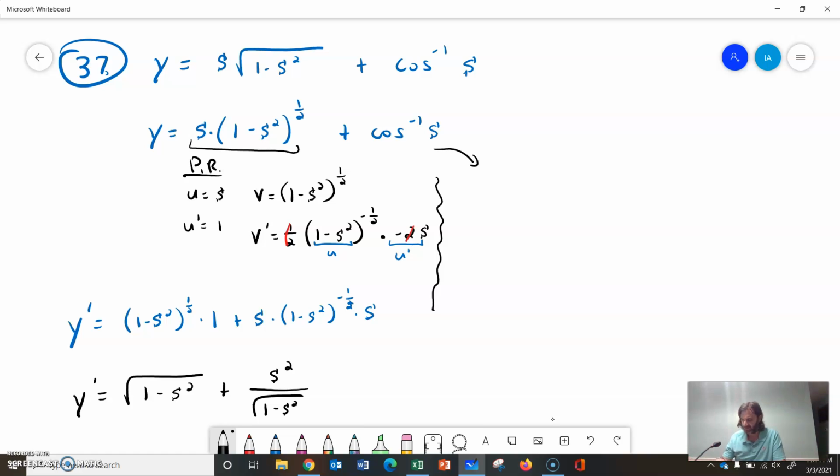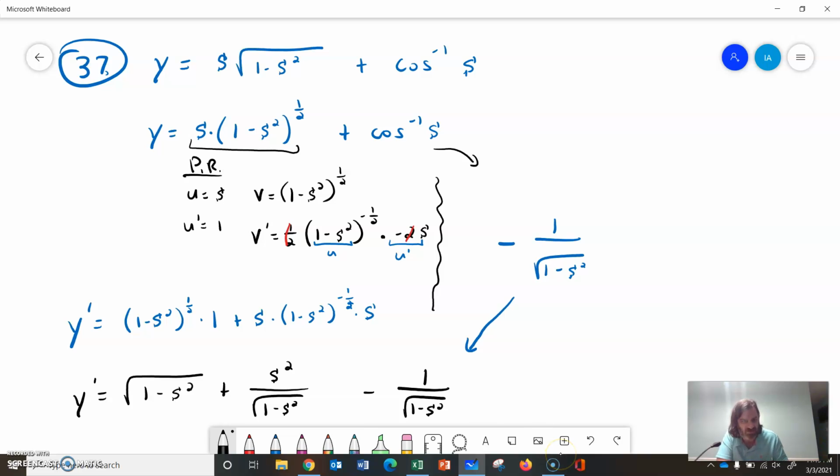Our derivative for the cosine inverse is negative 1 over the square root of 1 minus, in this case, s squared. So we'll pull that all the way down here. So minus 1 over the square root of 1 minus s squared.